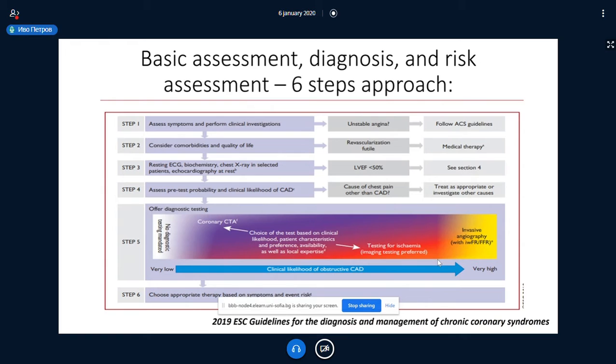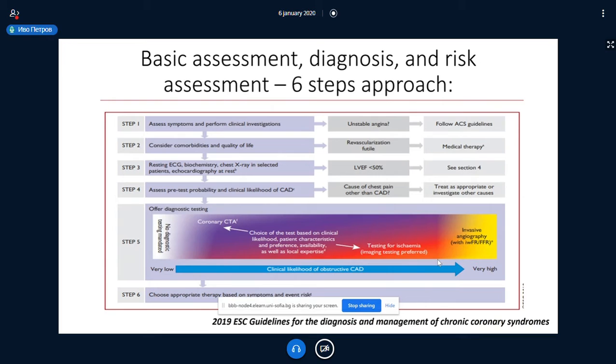So we have to evaluate first from the clinical point of view if there is a fixed threshold of exercise, or it's a crescendo. So there is a decrease of the exercise that can cause the chest pain. In case there is a decrease in the effort, this is typical for unstable angina.